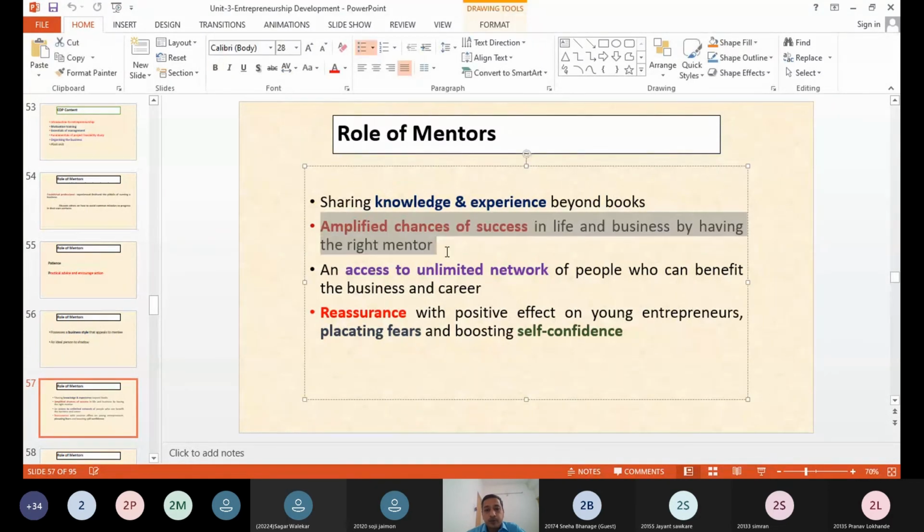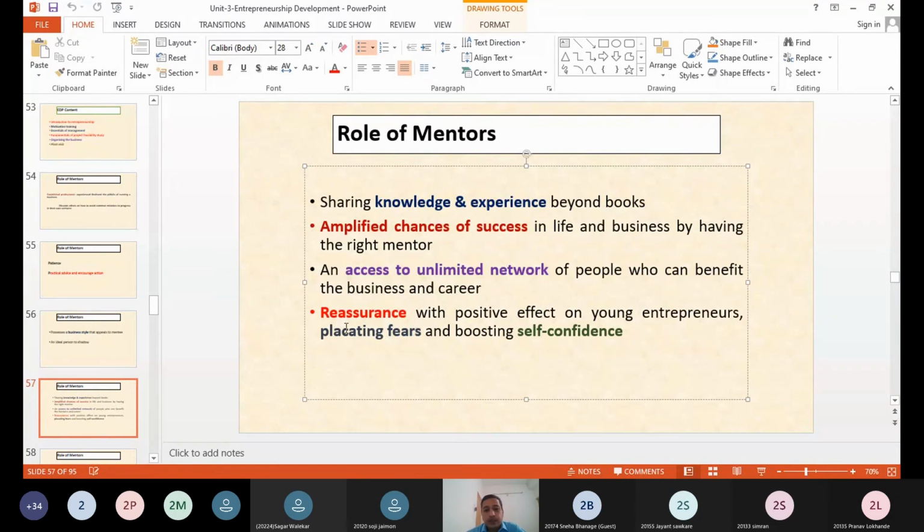Amplified chances means there are more probabilities of success in life and business by having the right mentors. These mentors have access to an unlimited network of people who can benefit the business and the career. So these budding entrepreneurs can get access to an unlimited network of people with the help of a mentor, which can help to set up their own businesses.